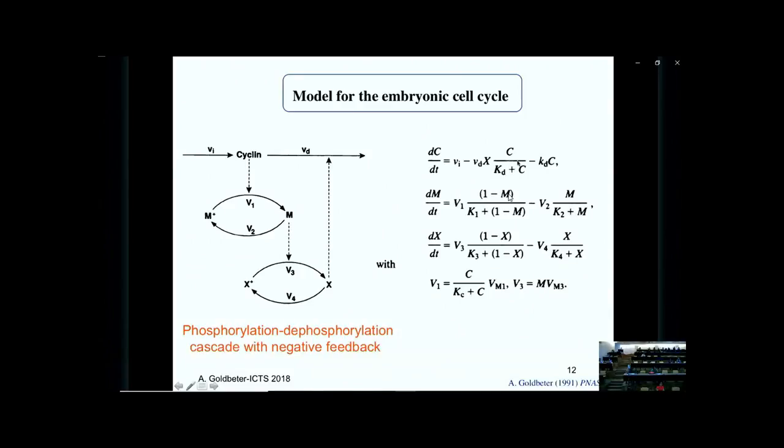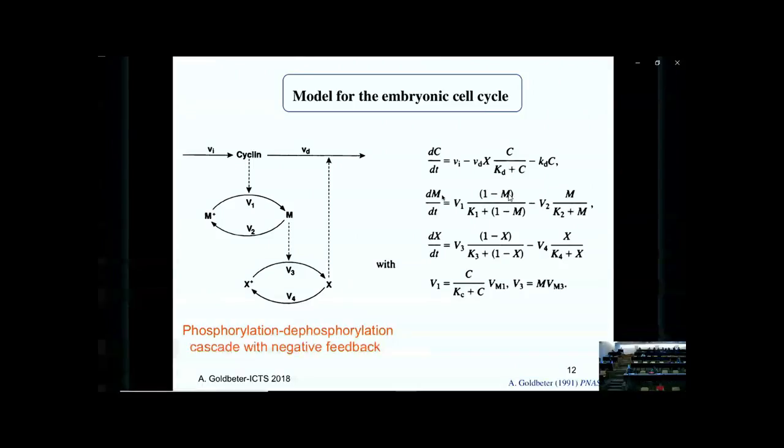For example, degradation of cyclin proceeds at a rate C over Kd plus C. That's the Michaelis-Menten expression. However, it is multiplied by Vd, the maximum rate, times X, which is the fraction of active protease. So these equations are not highly nonlinear, but they are coupled.